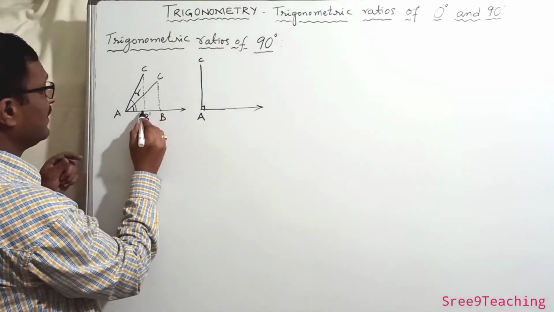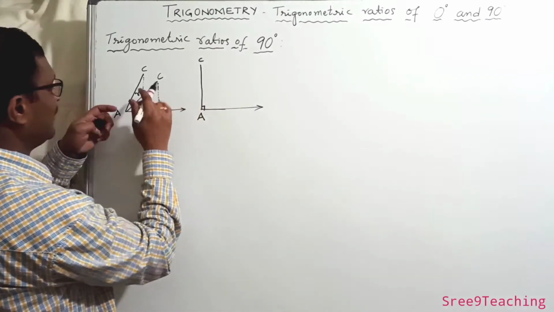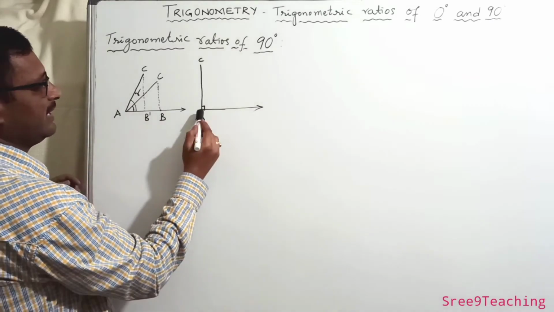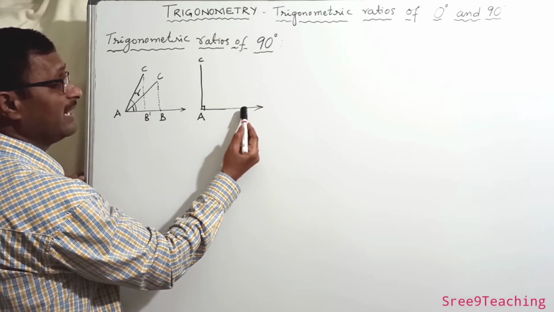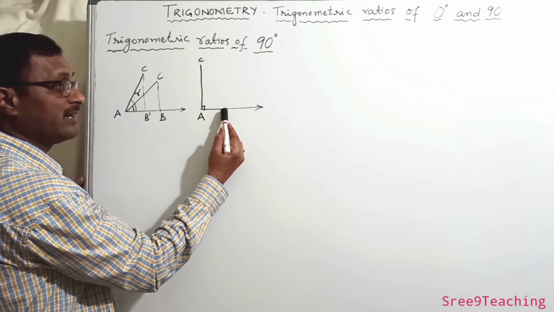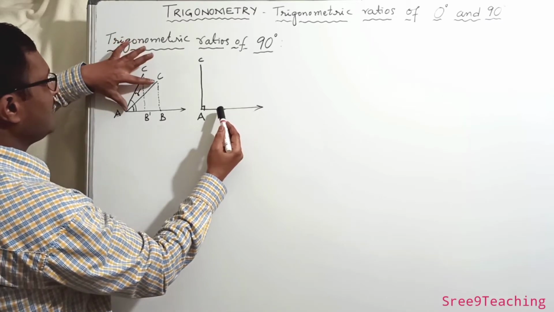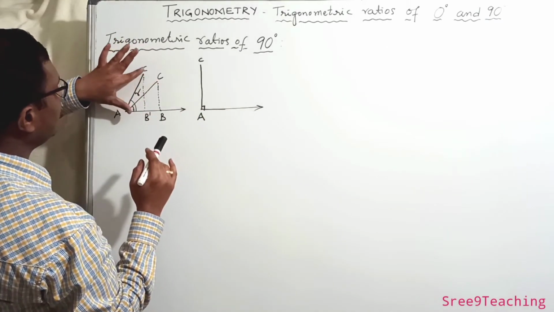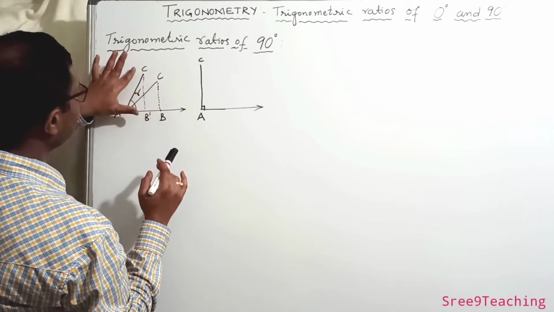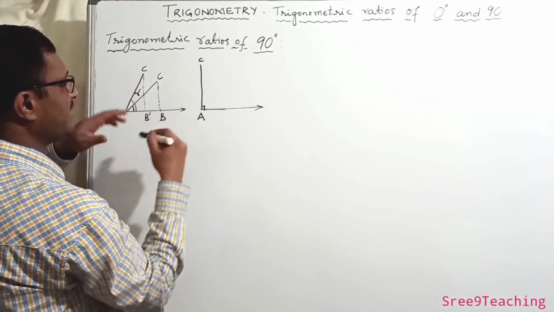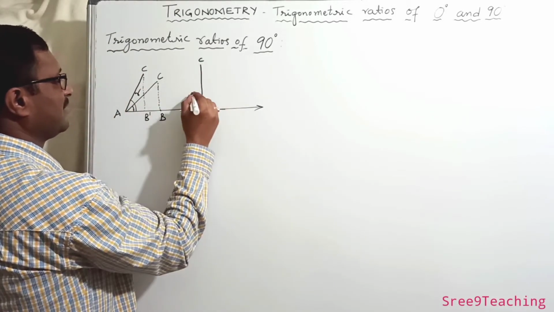Then where is B? Earlier B was here and it has moved here, and as the angle is getting increased, BC coincides with AC, which is R.